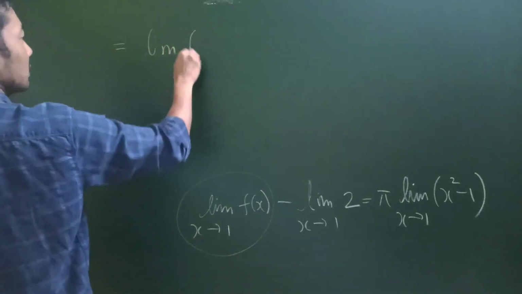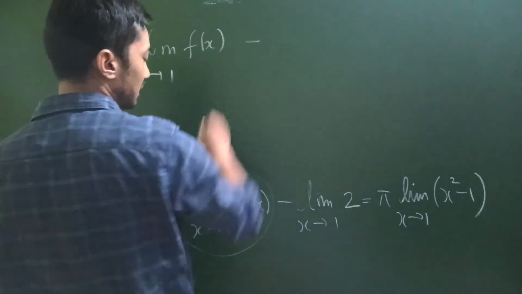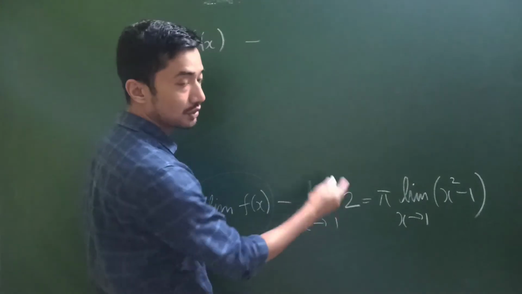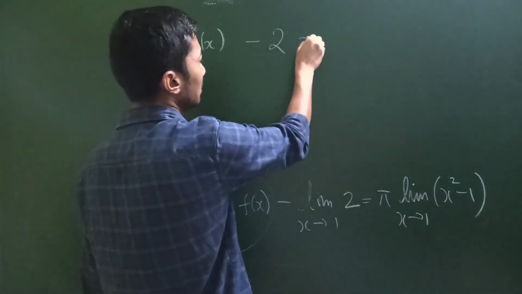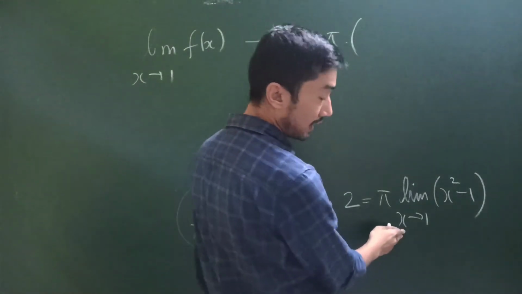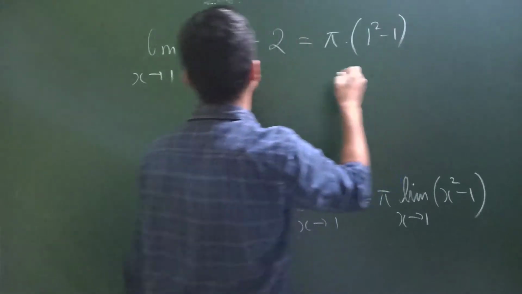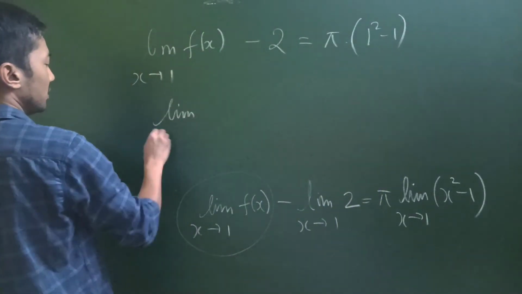Limit of x tends to 1 minus 2. As x changes, 2 is not going to change. 2 will remain 2. Pi into, I can just substitute the value of x here, using the limit x tends to 1, so that's 1 squared minus 1. Okay, maybe one more step.